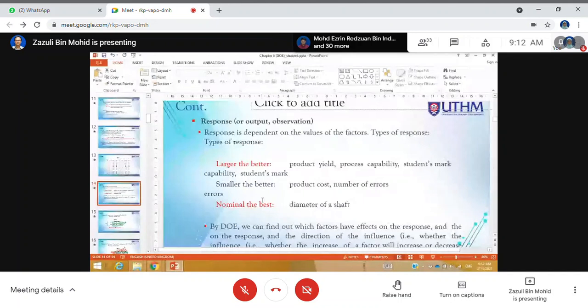Larger the better, maybe for product yield, process capability, student marks, or profit rate. Smaller the better, maybe the product cost, number of errors, number of rejects, maybe the surface roughness of a product. And nominal the best, maybe the diameter of a shaft, because we want to have the assembly process.